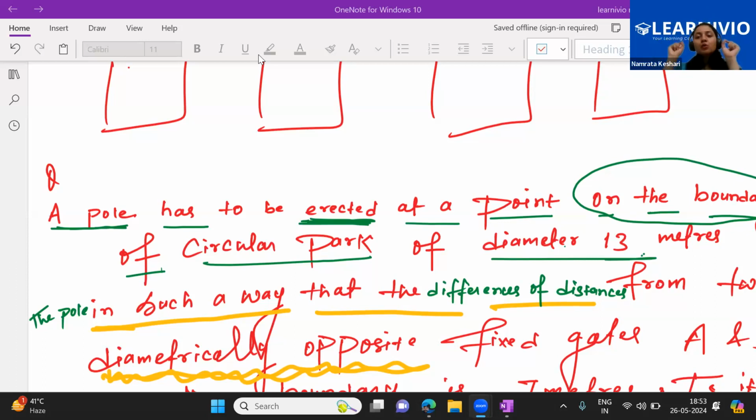Now the distance of the pole from the first gate and from the second gate, the difference between the distances is 7 meters. Is that clear so far? Yes, ma'am. Okay, let's move.